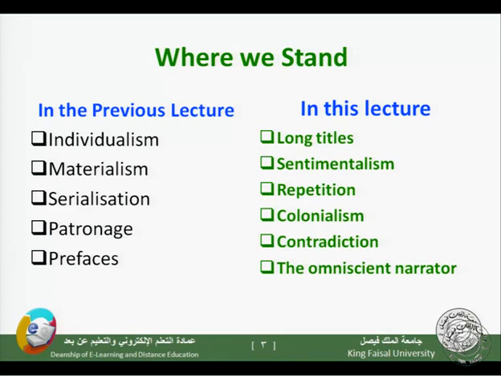No dialogue, no action. Everything comes to us from the lenses of the author, the narrator. And all these points, plus the other ones we had in lecture 6, are disadvantages of the novel.